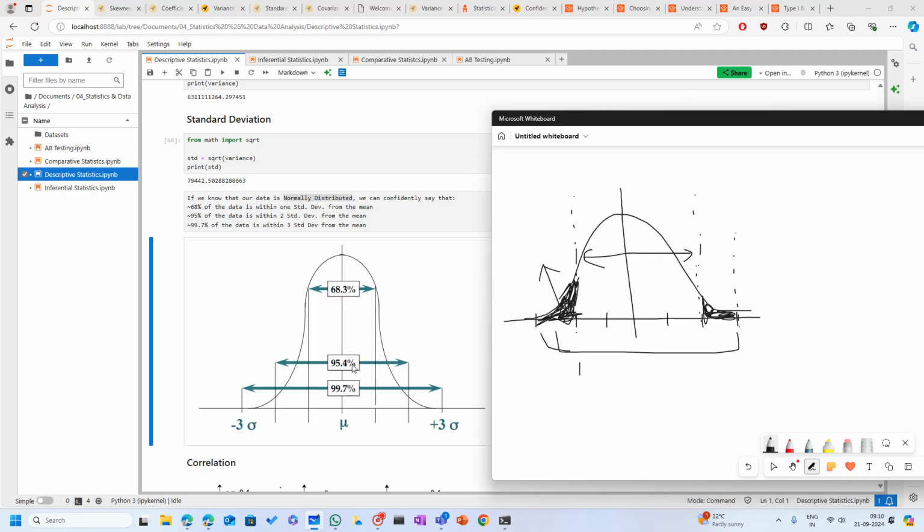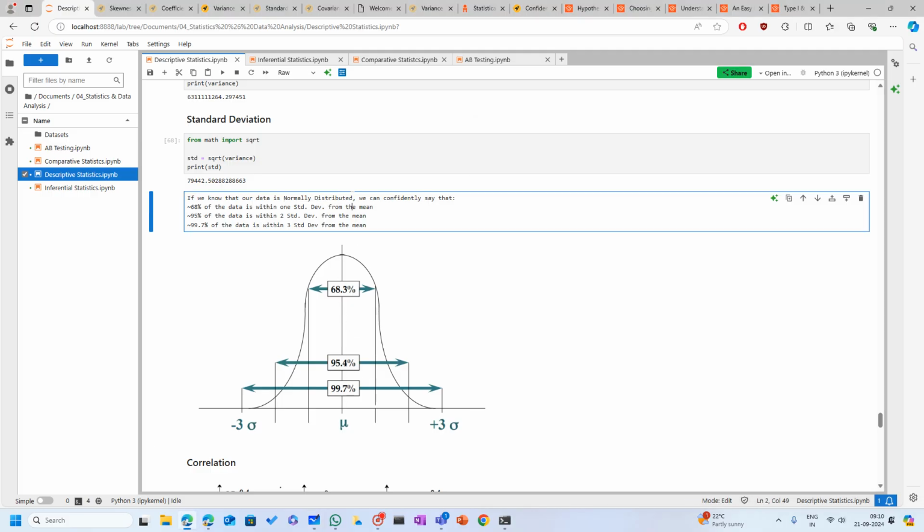For a normally distributed plot, 99.7% of the data would be within 3 standard deviations, that is plus 3 to minus 3, 95.4% would be within plus 2 to minus 2, and only 68.3% would be within plus 1 to minus 1. So if someone points out what this percentage is, you have to subtract.